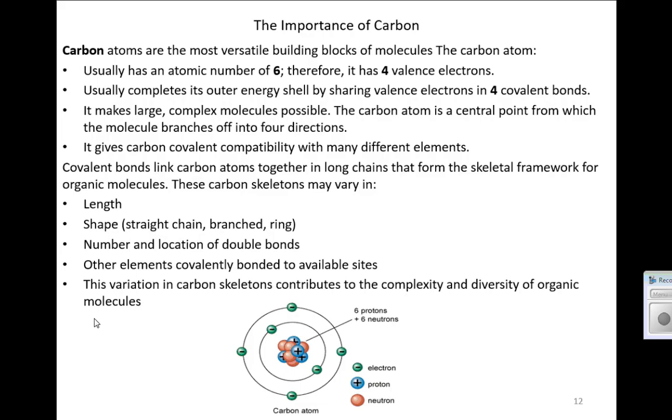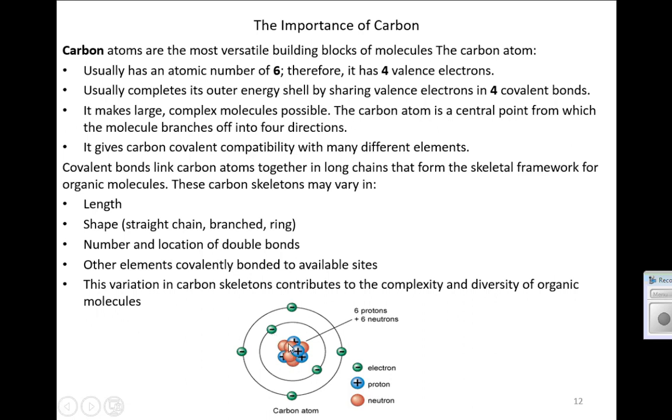Now, before we talk about those, I want to touch again on why carbon. I've already discussed this, but that's okay. It's important to emphasize why carbon is so important and versatile in the building of these organic compounds. As I mentioned, carbon has an atomic number of 6.